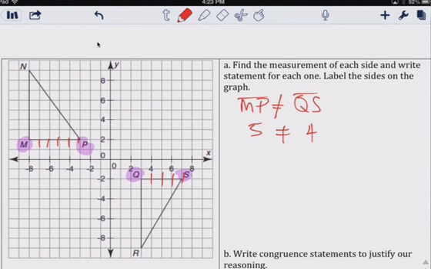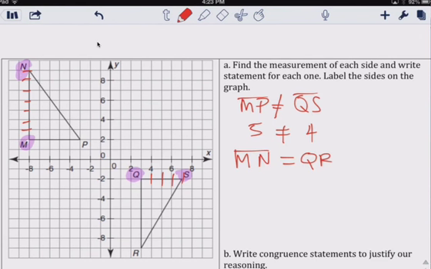And then let's say you do M to N, line segment MN to QR. Let's see, 1, 2, 3, 4, 5, 6, 7, that's 7.